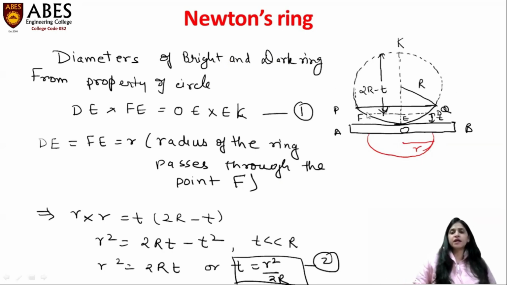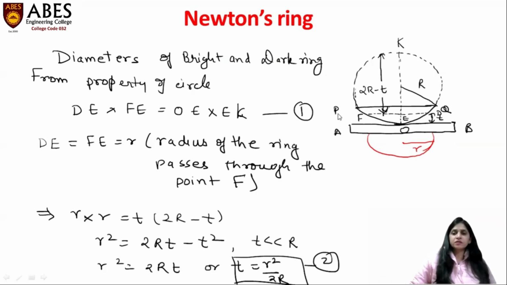And we also discussed that in this plano convex lens and glass plate, in the air film at thickness T, there is a ring that is forming of radius r, small r. Now this ring can be the dark ring or it can be the bright ring that we will theoretically derive.